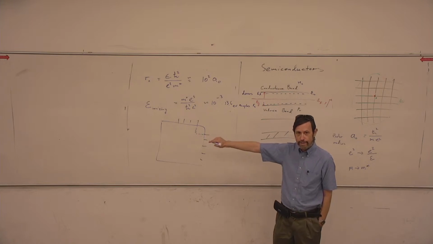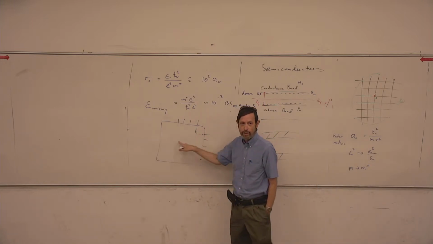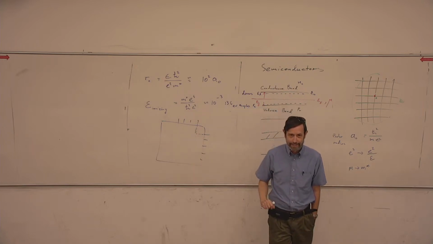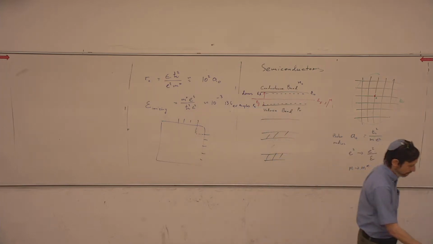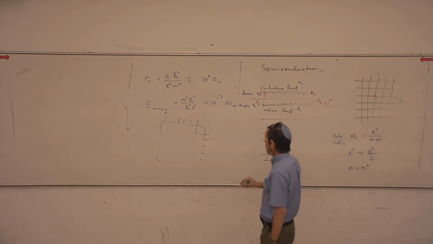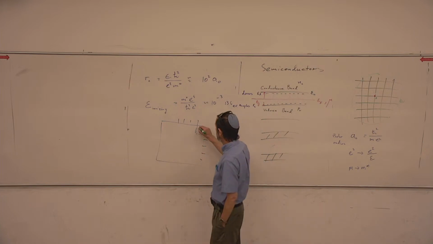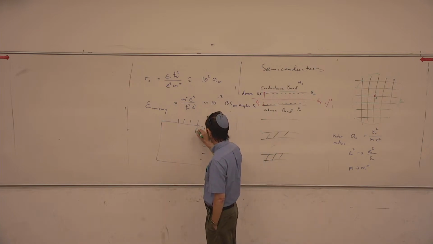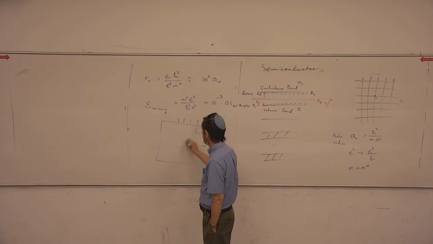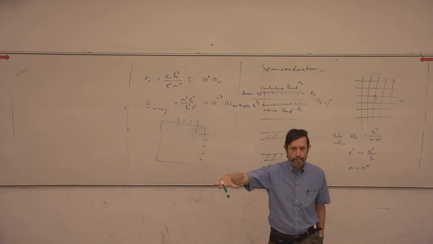How do you force impurities to go only here and not anywhere else? The system: you actually put something that's called a mask on top of the silicon.